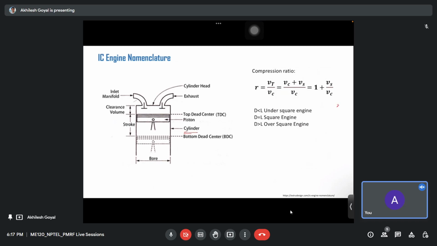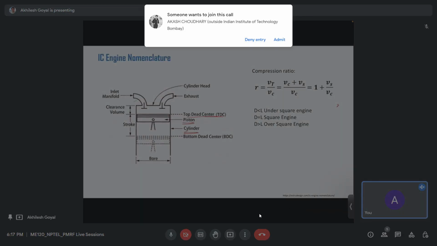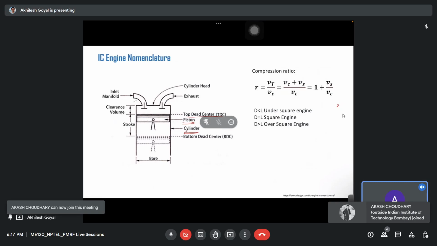Inside the cylinder this is the piston. This piston moves in the upward direction and the downward direction. The top position of this piston is called top dead center, that is TDC. The piston doesn't go above this top dead center, and the lower limit of its movement is bottom dead center.